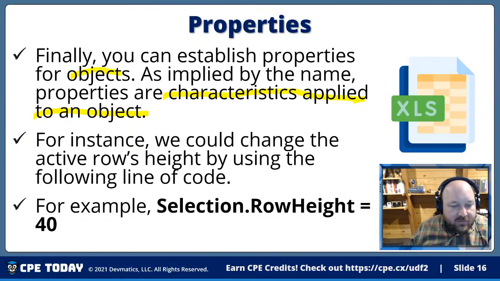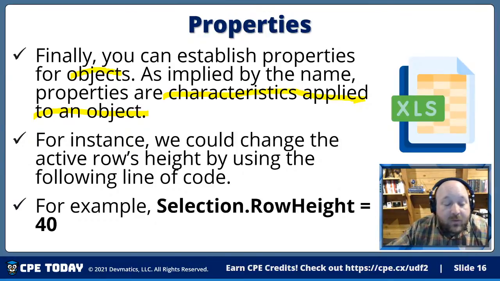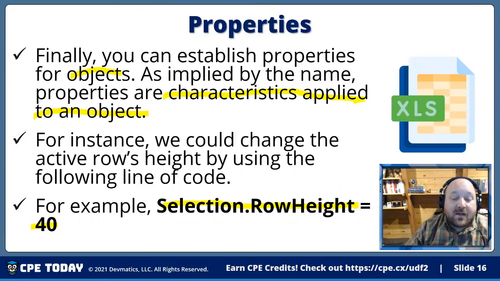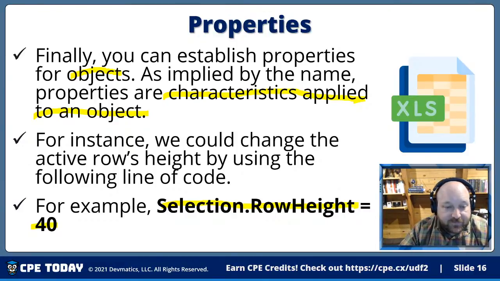So to change that active row height, we would use the following code. We say with the selection, make row height equal to 40. Row height is the noun in this instance, and we're setting that noun parameter to 40. So of the selection, make that row height 40.